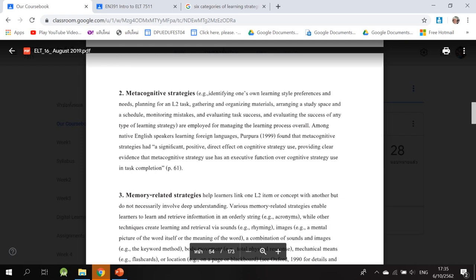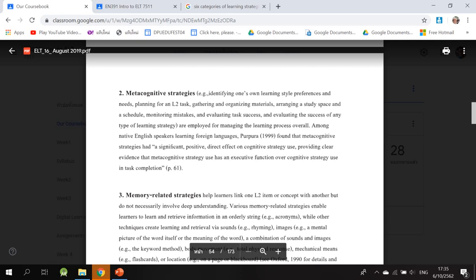For example, identifying your own learning style, preferences, and needs. Planning for the L2 task, gathering and organizing material, arranging a study space and a schedule, monitoring mistakes and evaluating the task, the success of the task, evaluating the success of any type of learning strategy.